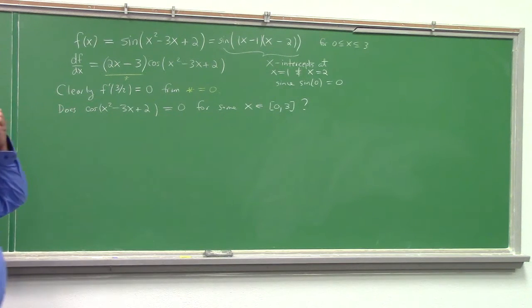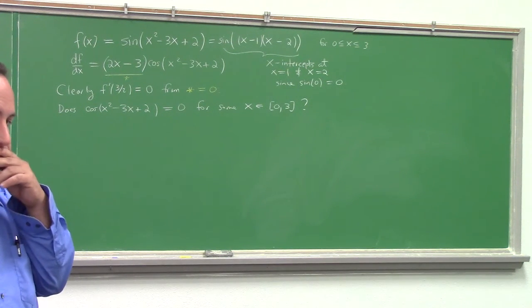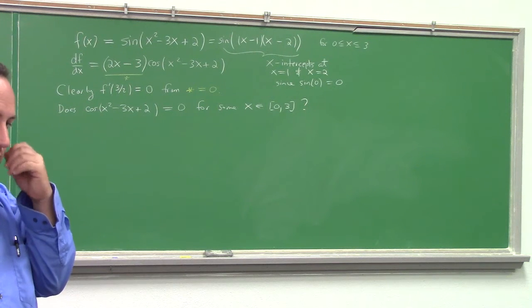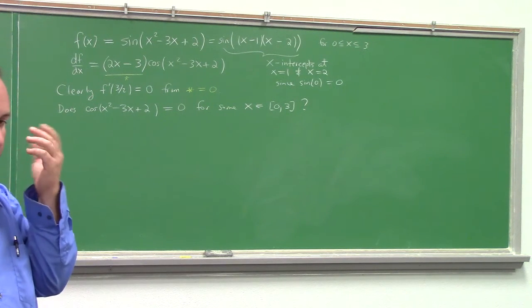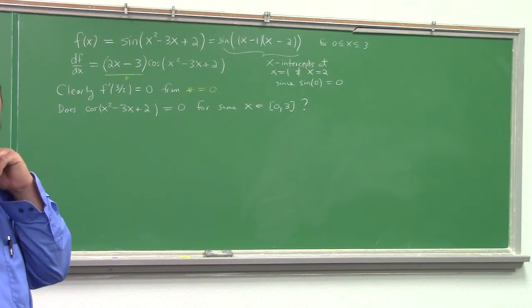So how do you decide that? The derivative can be 0 from the first factor being 0. That's 3/2. That's easy. We just use algebra.